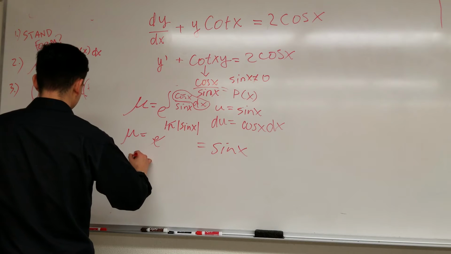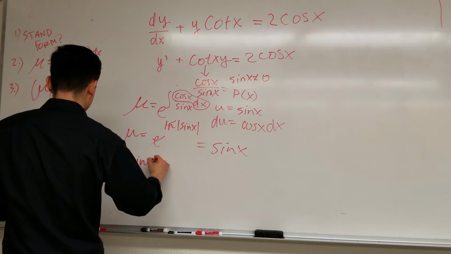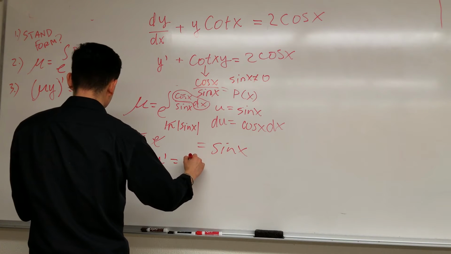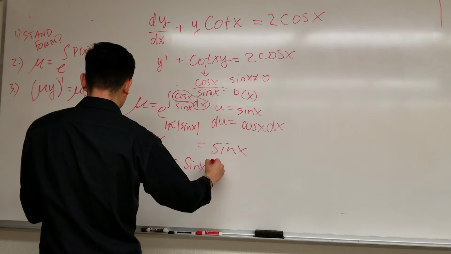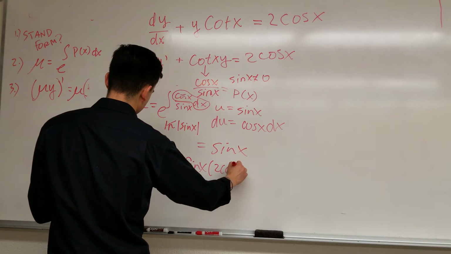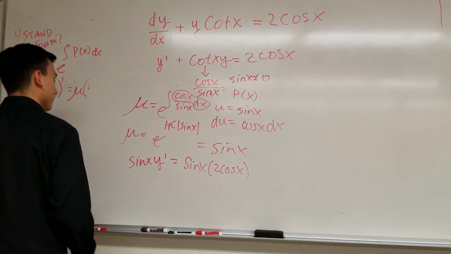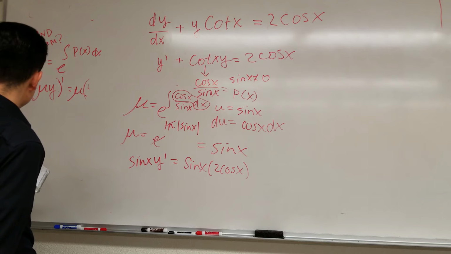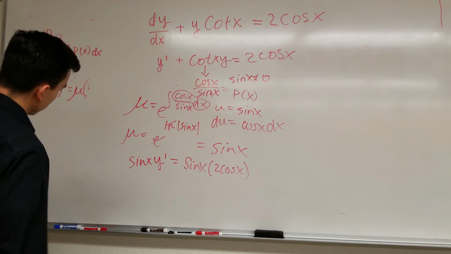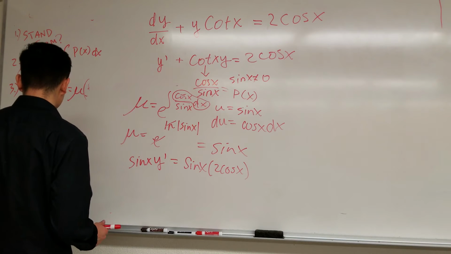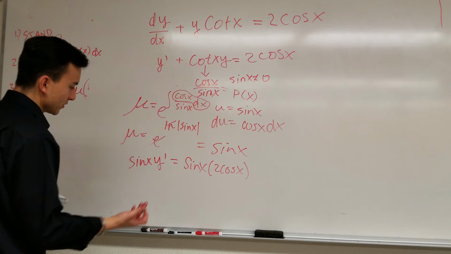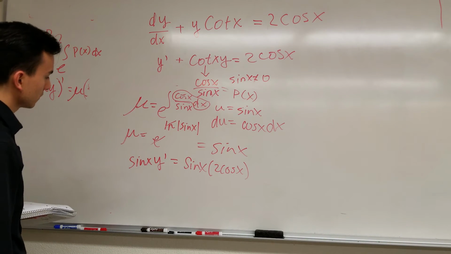So now you have sine x y prime equal to sine x times 2 cosine x. Our next step was integrating, right?